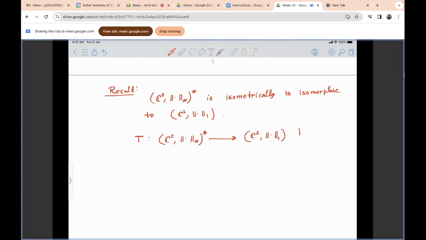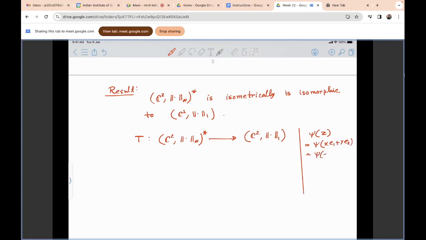So if psi is in 1, so let's suppose psi of z, then this z you can write as x u1 plus y e2.